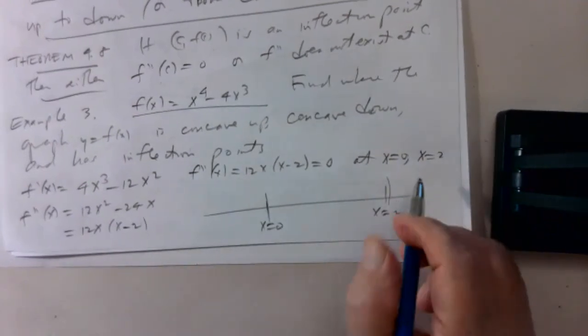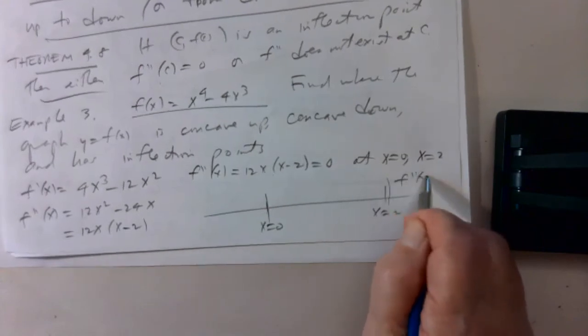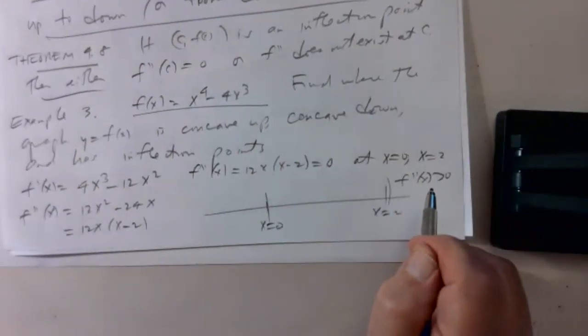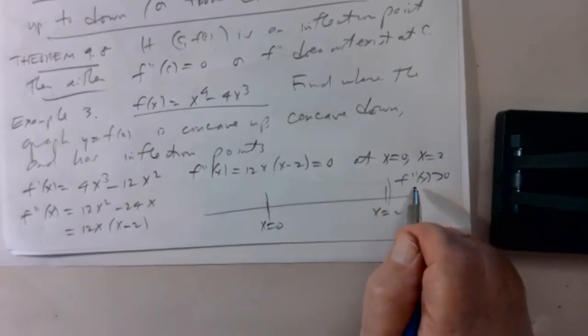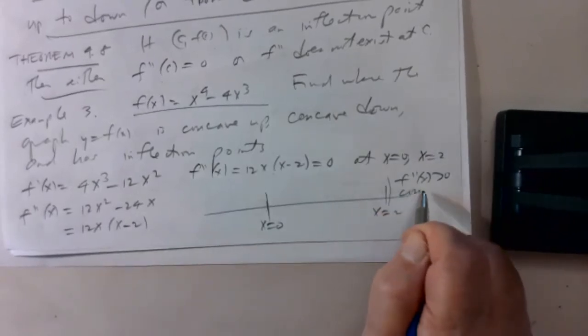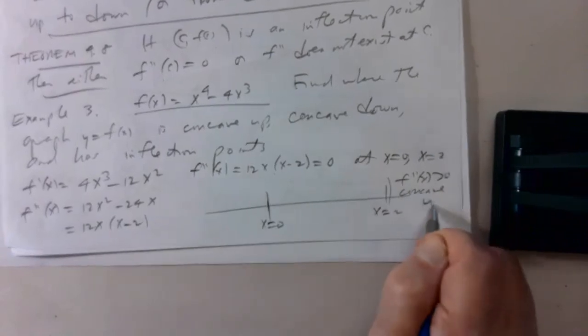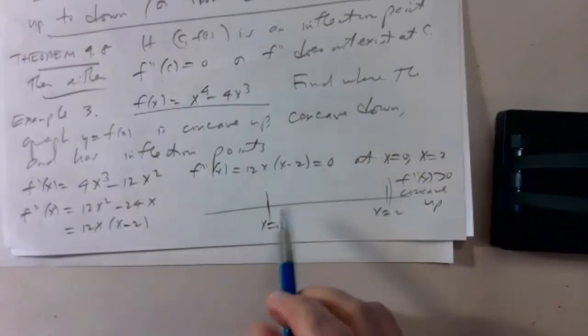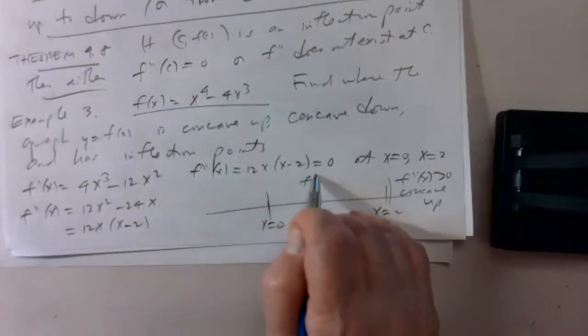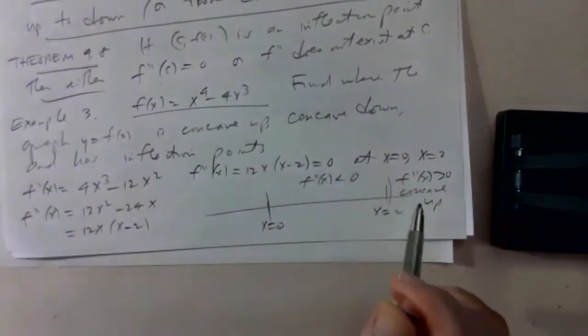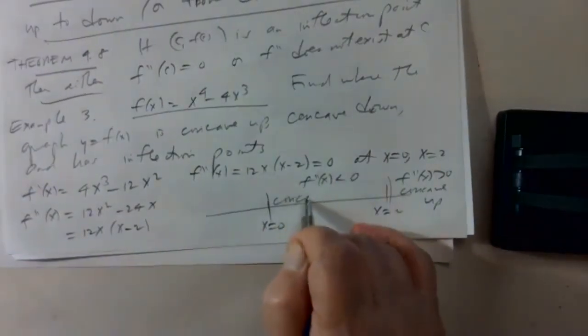If x is bigger than 2, the second derivative is positive. That means the first derivative is increasing and the curve is concave up. If x is between 0 and 2, I have positive times negative. The second derivative is negative.